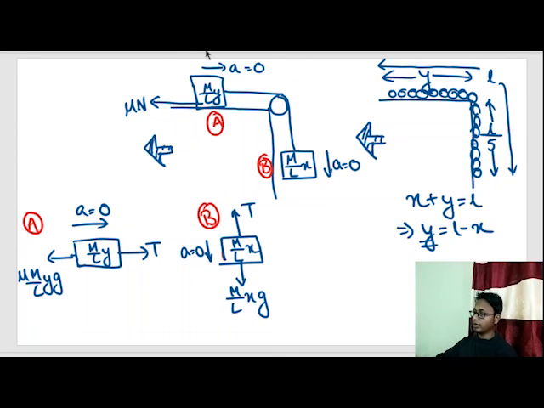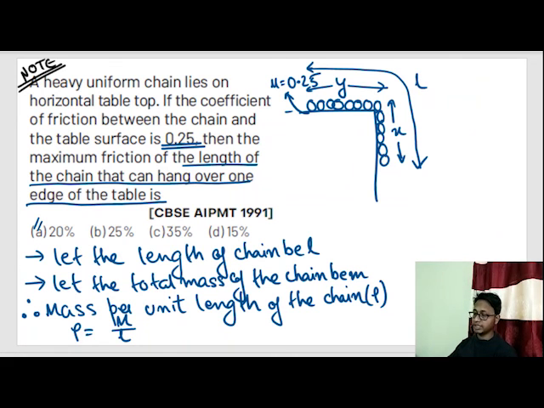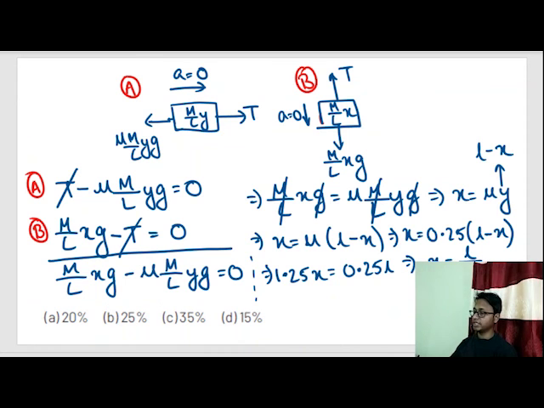So this y was, if this was 1/5, this was 4/5, because 4 by 5 L plus L by 5 is equal to L. Now you have to convert this 1/5 of the length into percentage, because our options are given in percentage, not in terms of fraction. So how do we convert a fraction into percentage? 1 by 5 should be converted into percentage. To convert any fraction into percentage, we multiply by 100, so it is 20%.